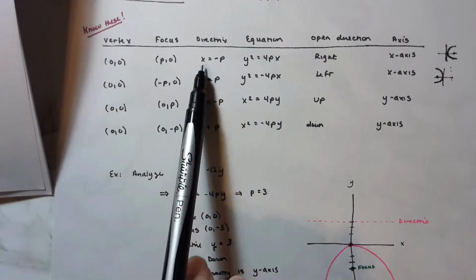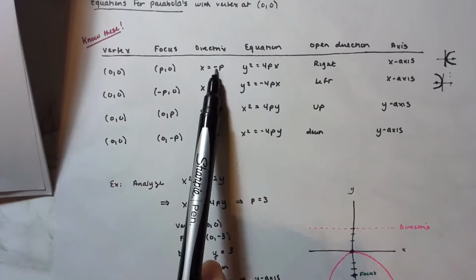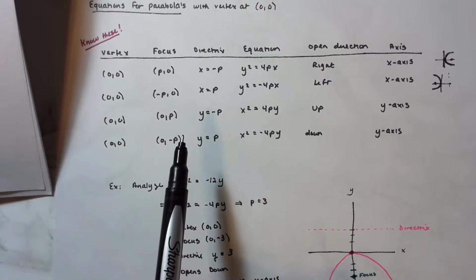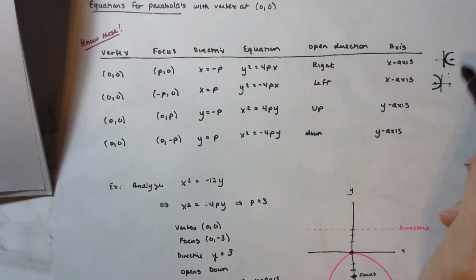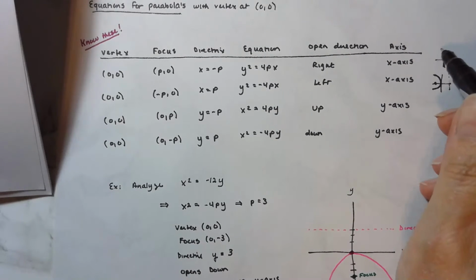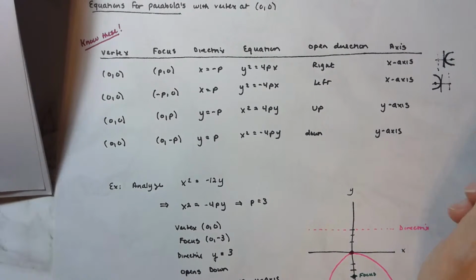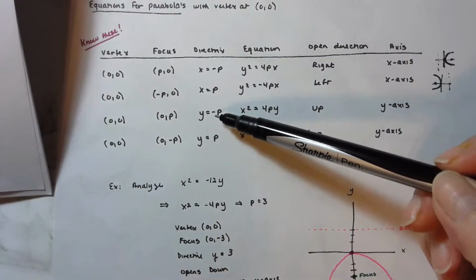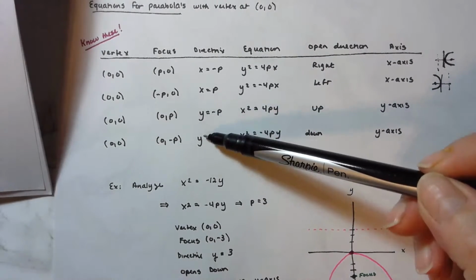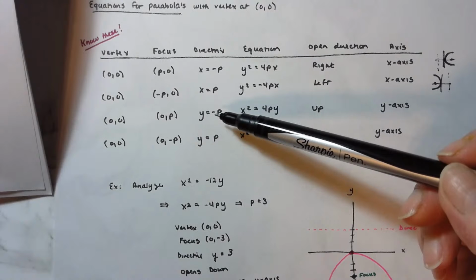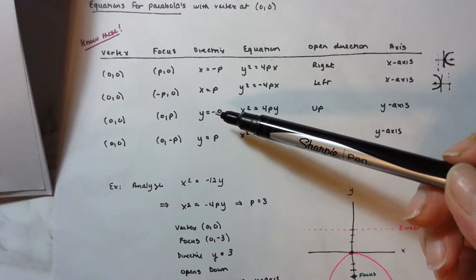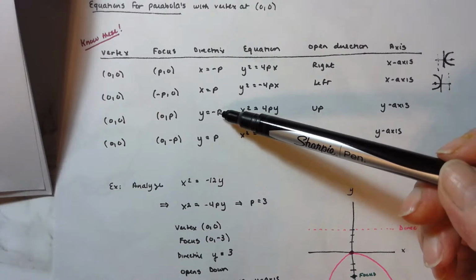This is a horizontal line. X equals a number, that's a vertical line, right? So the directrix in the earlier cases would be a vertical line. Well, now we have the lines y equals, so that means that our directrix is going to be oriented such that it's horizontal.